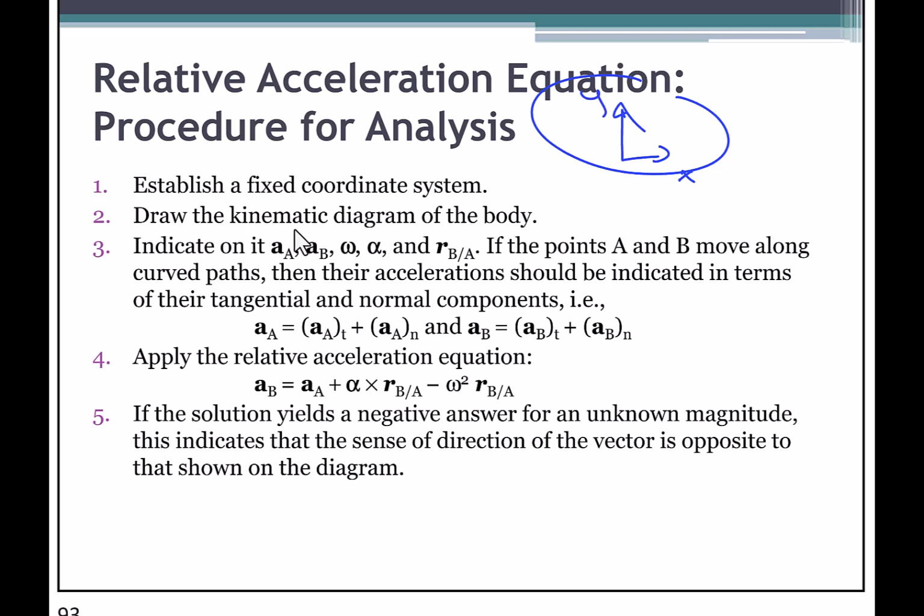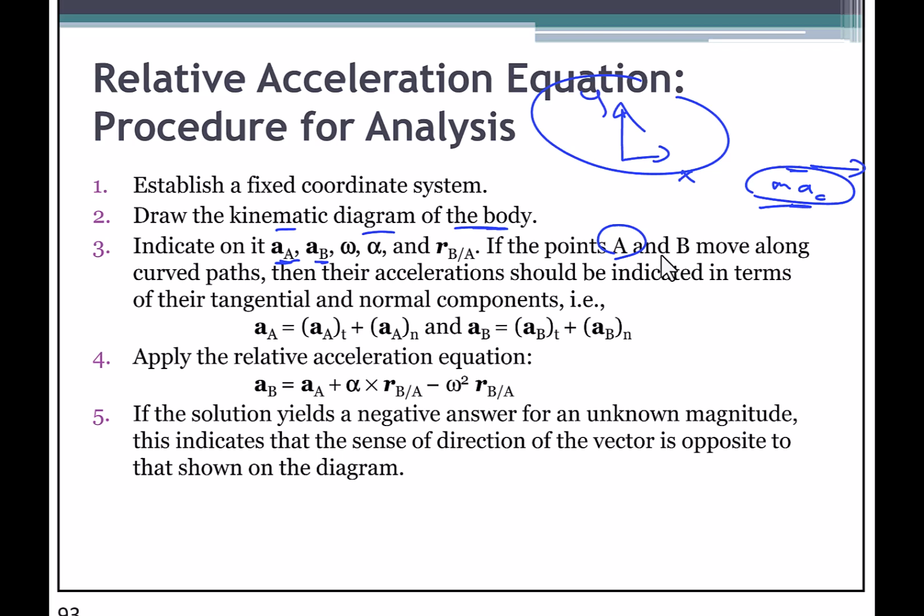And then draw your kinematic diagram of the body. This goes this way and this has acceleration in this direction. Is it constant or not constant? Of course this is a vector, and so on. And indicate these on the kinematic diagram. Some of them are zeros, put them and say this is zero.